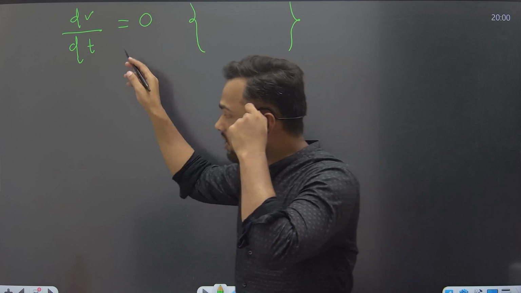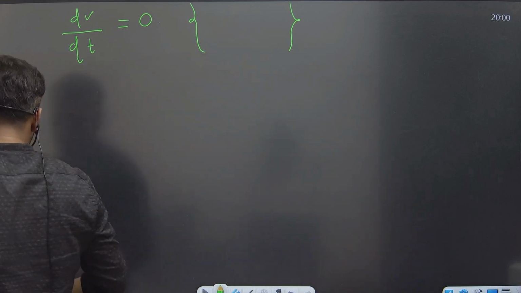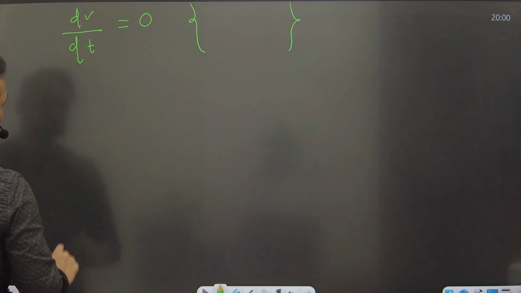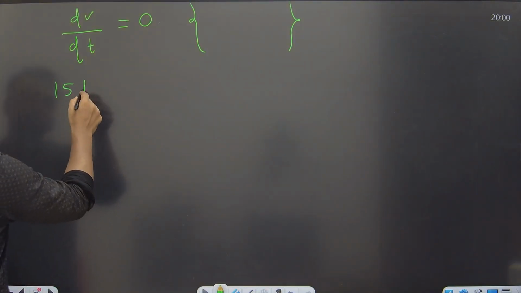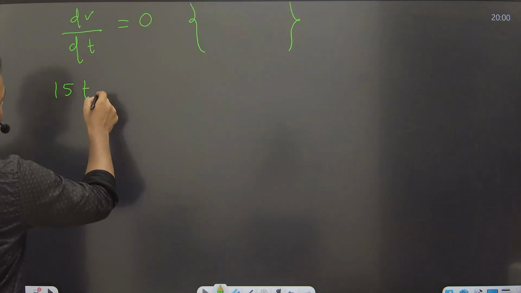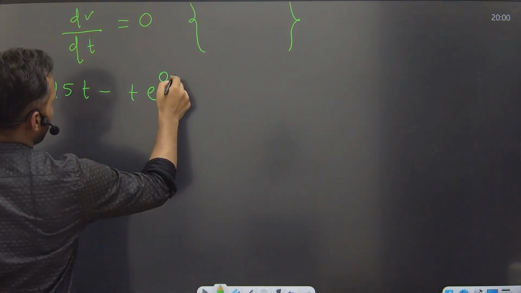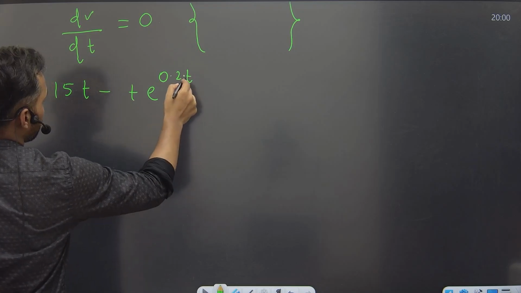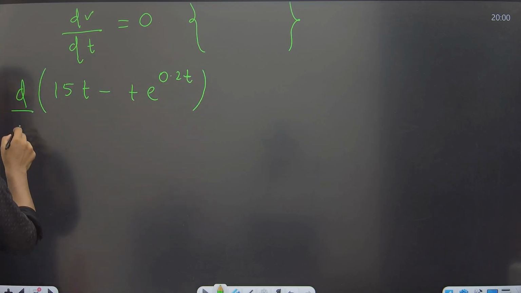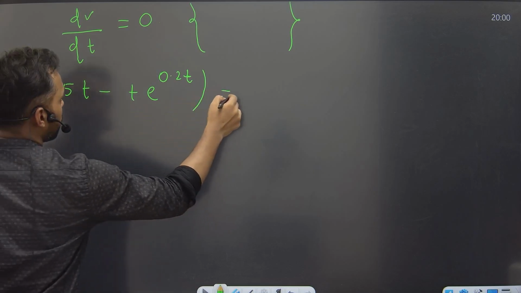So we are keeping dv by dt equals 0. v was 15t minus t e to the power 0.2t, this was v, student. Now we need to differentiate it, d by dt equals 0.